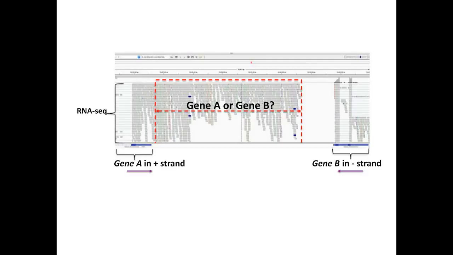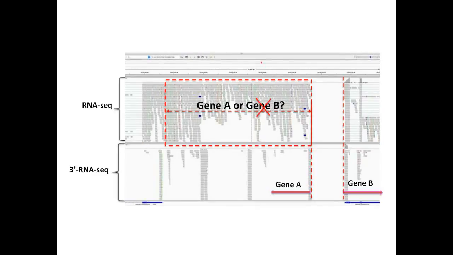So we use 3' RNA-seq. We have 3' RNA-seq here. It shows that all these reads belong to gene A, not gene B. You can see that the sequence reads from 3' RNA-seq are mapping here, and we can determine where each gene starts.